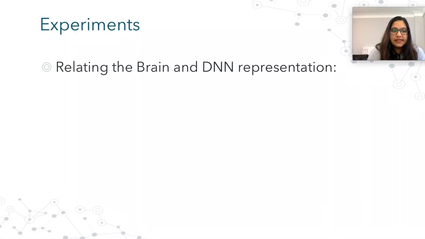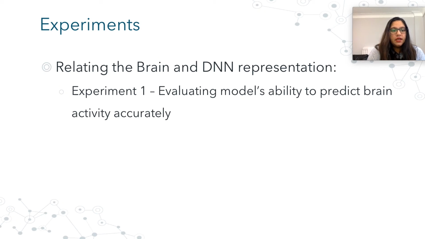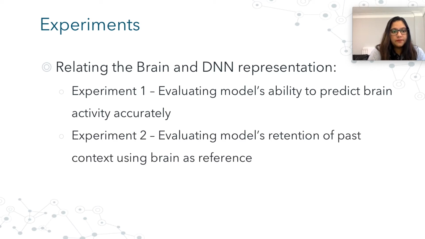With this kind of a setup, we try to understand the relationship between the brain and the deep neural network representations. In a first experiment, we evaluate each of the model layers' ability to predict brain activity accurately. Here we average the accuracy of each layer for all the stimuli in predicting brain activity. In a second experiment, we try to understand what the model's context at a given word consists of.